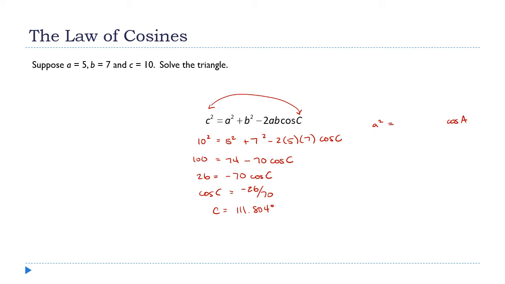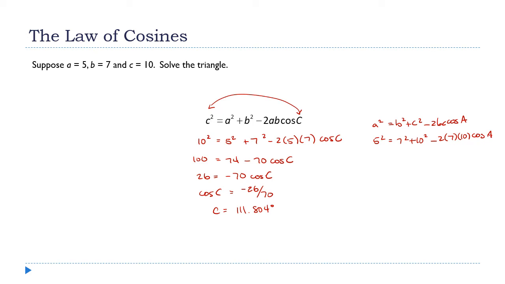So what's left? That means that this must be B squared plus C squared minus 2BC. Okay, now again, let's put our numbers in. 5 squared equals 7 squared plus 10 squared minus 2 times 7 times 10 times the cosine of A.